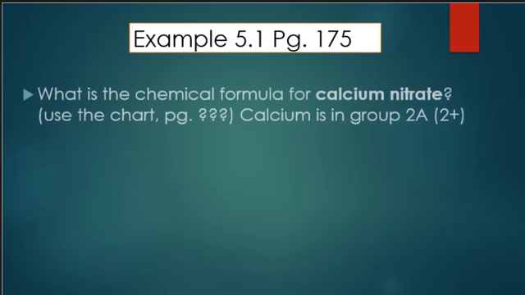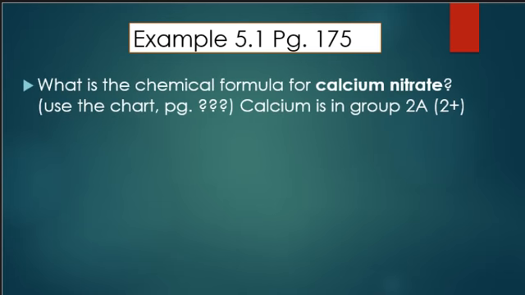Okay, example 5.1. What is the chemical formula for calcium nitrate? Hint to you now, nitrate's on our new chart. Let's find it. Nitrate, NO3 with a -1. See it on your chart? Calcium is in 2A. So what do we know about 2A? +2, yeah.